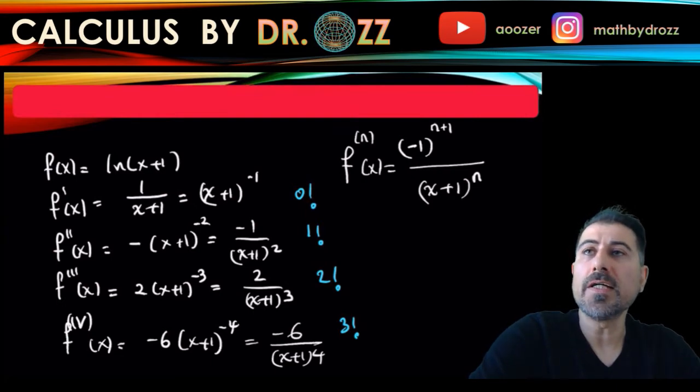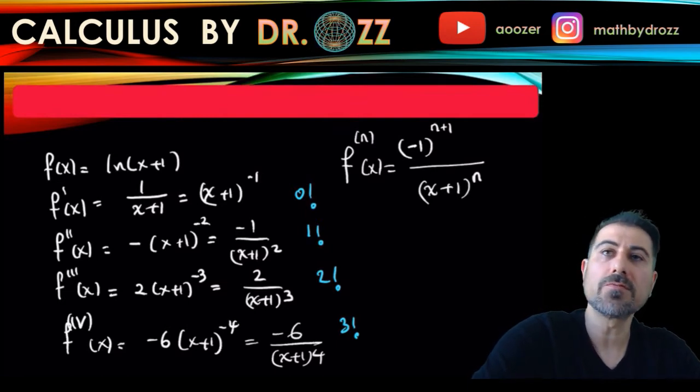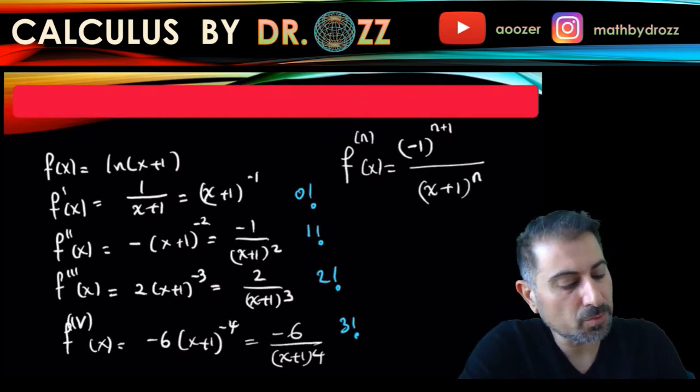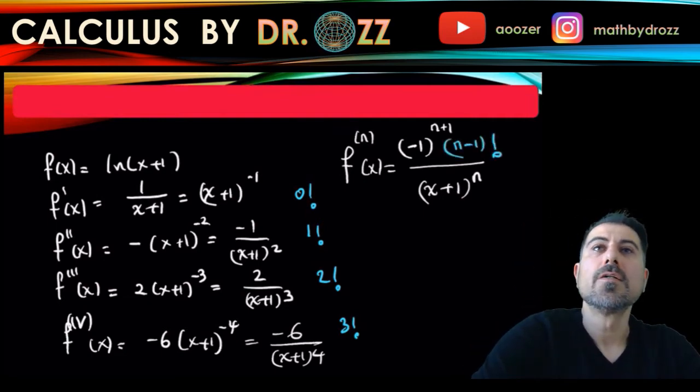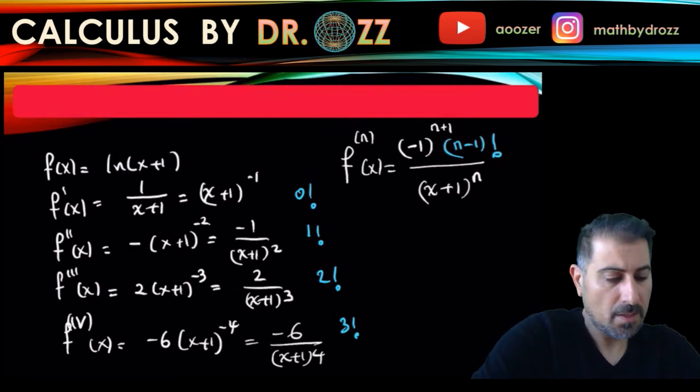So in terms of n, what is it? When n equals 2, second derivative, you have 1 factorial. Third derivative, you have 2 factorial. So it's (n minus 1) factorial. Okay, so this is the pattern for the nth derivative of f.